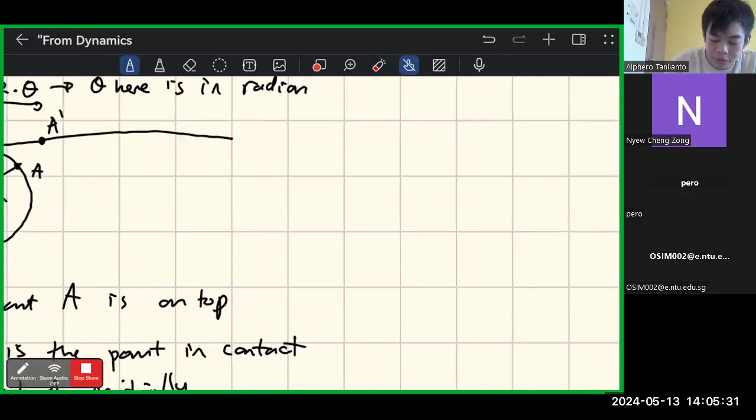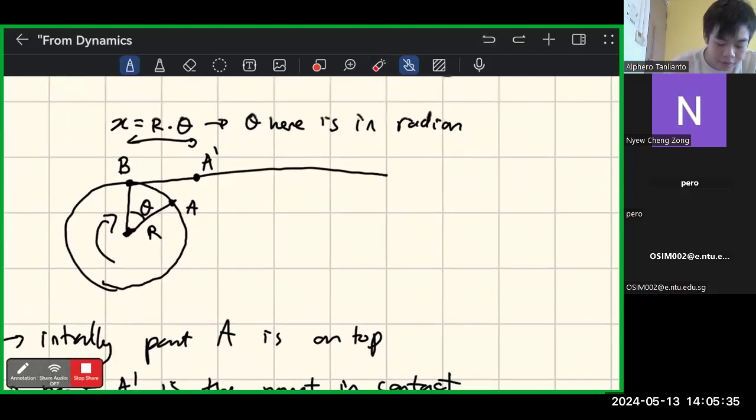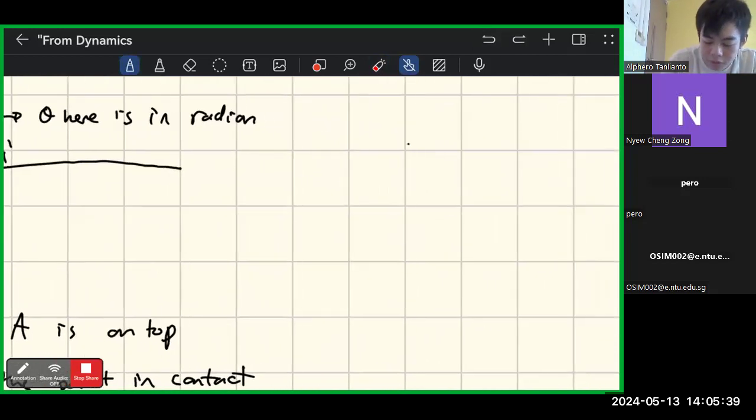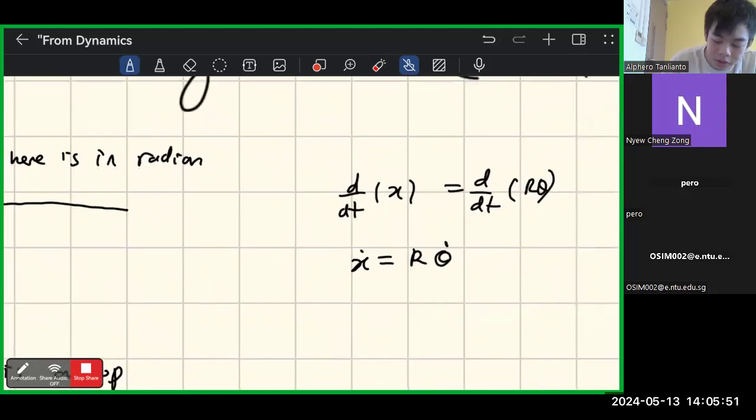Then if we differentiate each side with reference to time, d over dt of x equals d over dt of R theta. We can represent dx over dt as x dot, which is what I like to write.